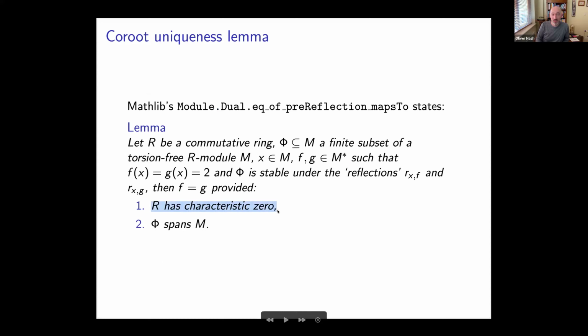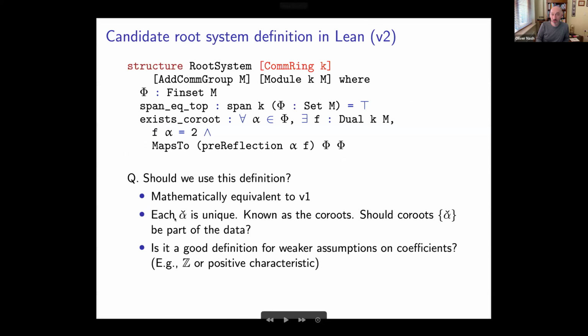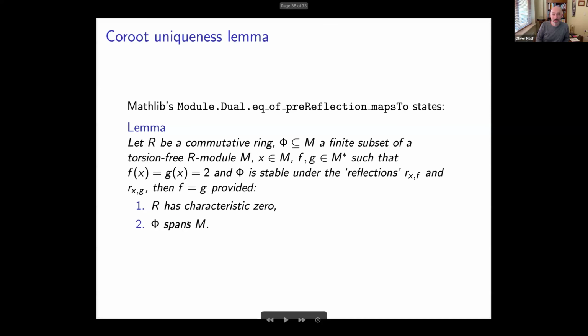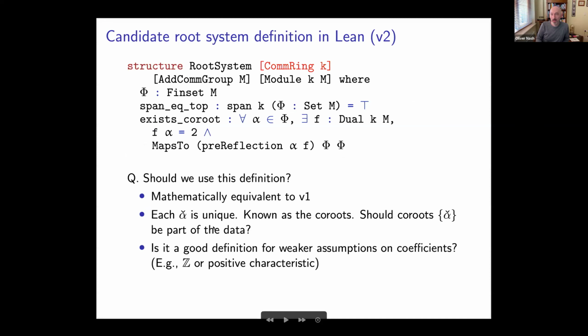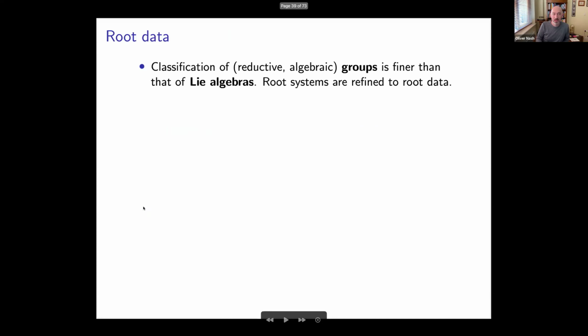One is that I have characteristic 0, and the other is that the roots span the ambient vector space. So you say, okay, if I'm going to continue developing the theory with this definition, because there's an existential here, rather than actually including the co-roots as part of the data, I better keep an eye on these two conditions. And if they ever get dropped, I better rethink my definition.